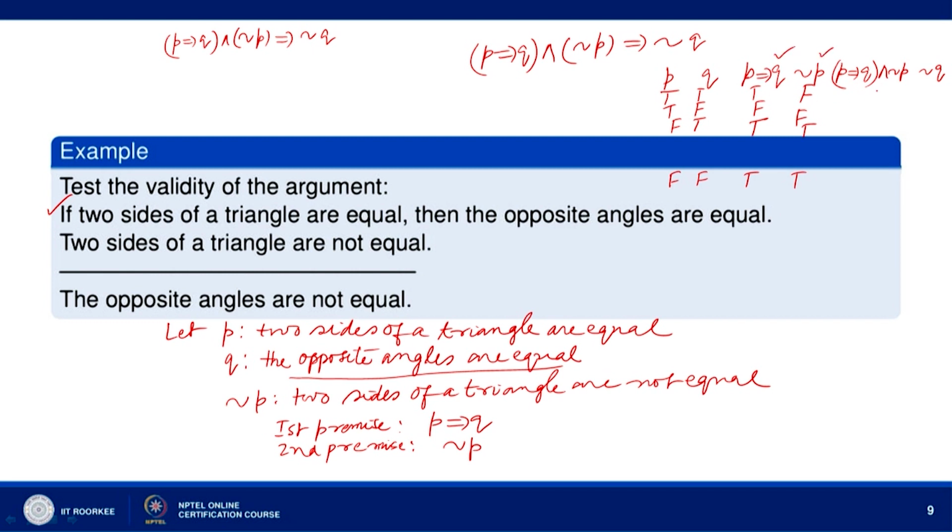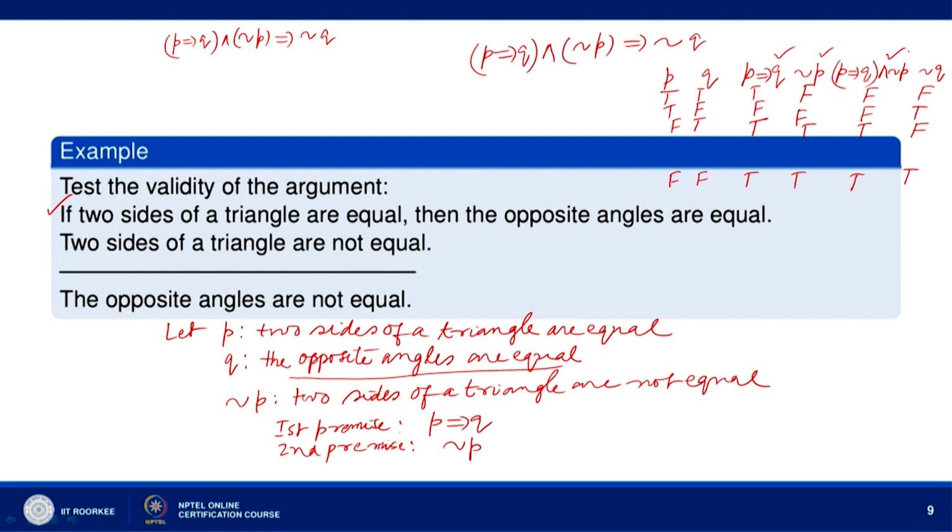So, T and F gives F, F and F gives F, T and T gives T, T and T gives T. Then not Q. So, T gives F, F gives T, and then T gives F and F gives T.